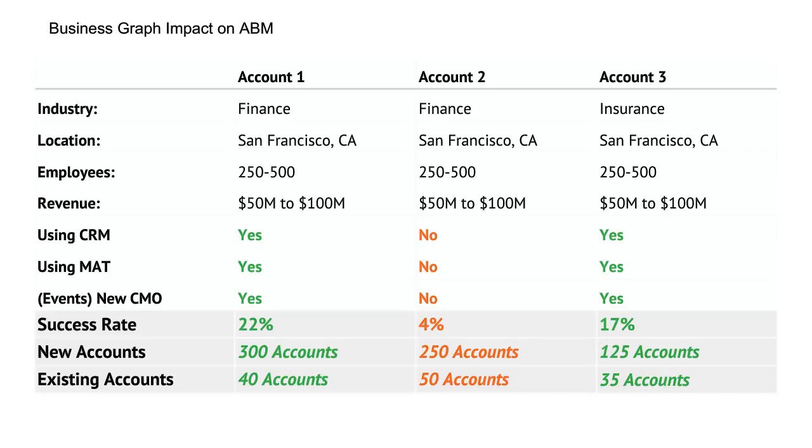We are able to understand what kind of marketing automation technologies, what kind of other key technologies they may use that would impact their ability to be a successful customer for you, as well as intent data, such as changes in their company that may be triggers for being a target buyer for your organization. And these have all been proven to be incredibly successful at providing a much more targeted list.